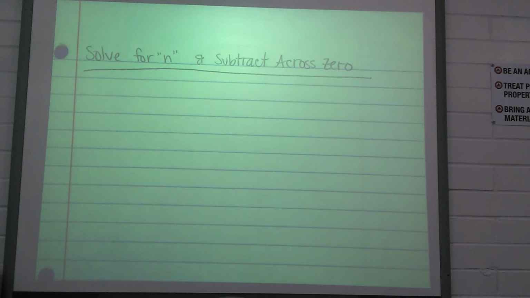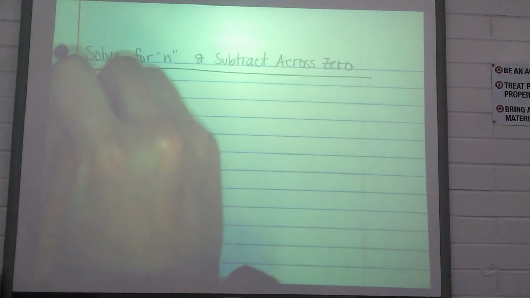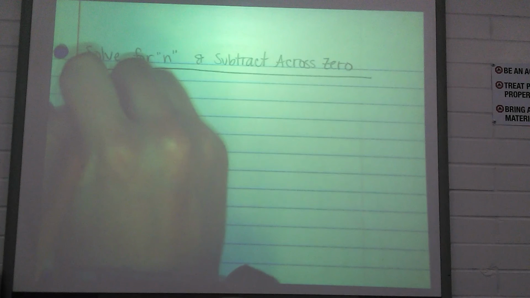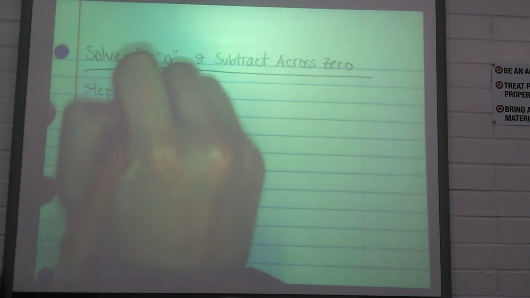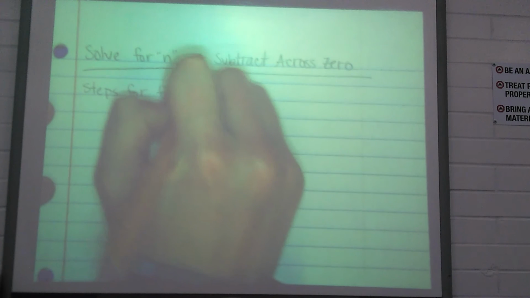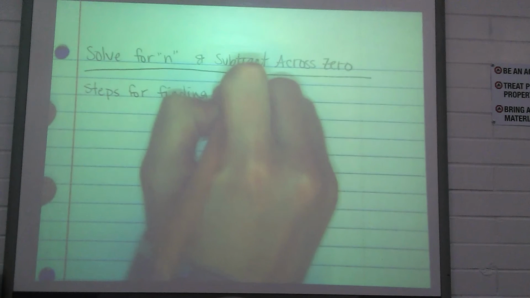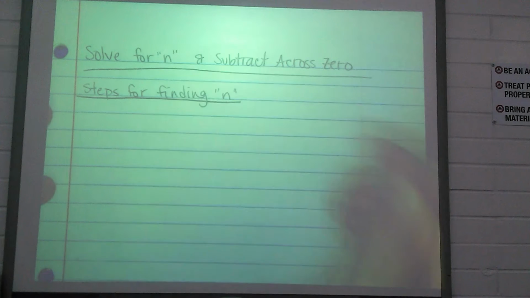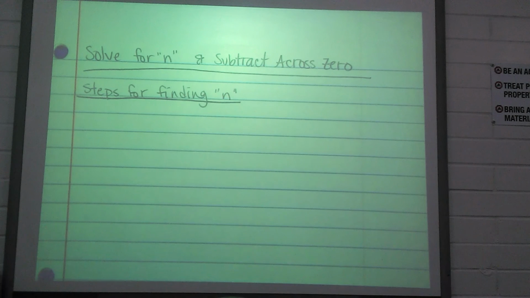I'm going to start with some directions, steps for solving, steps for finding n. And I know there's a couple different ways you can use to solve these problems and to find what n equals. And that's the beauty about math. There's never really just one way to solve things, okay?